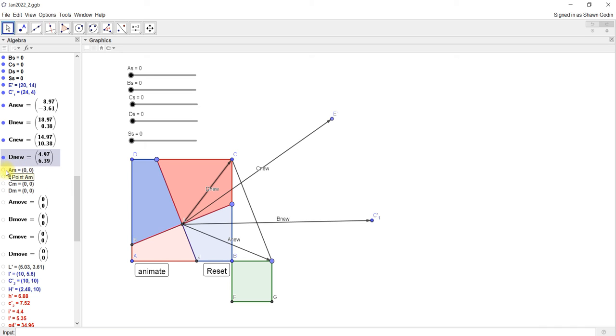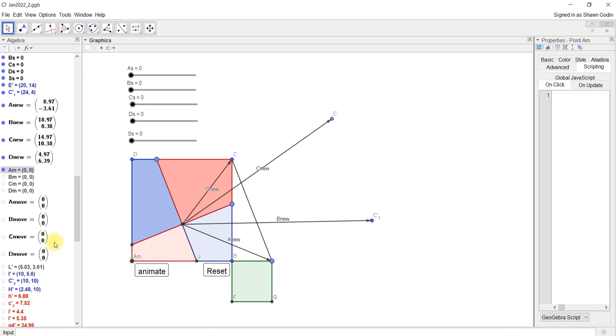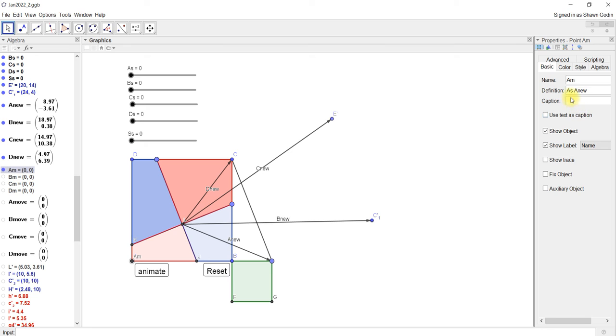If I go to the properties of this AM, what I had done is taken that factor and multiplied it by the vector. Unfortunately, it didn't give me that, so I had to create another vector that goes from 0, 0 to this point. If I move this along a little bit, there's my A move as this point, and then it gives me that vector. And the same thing with the other guys.